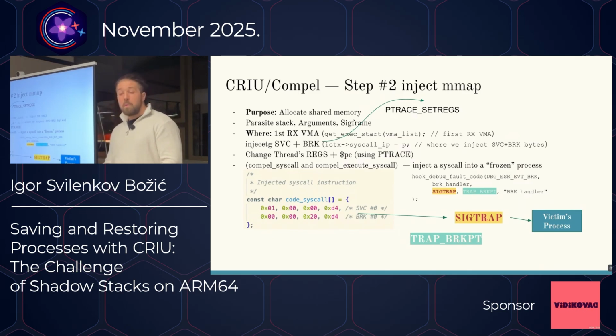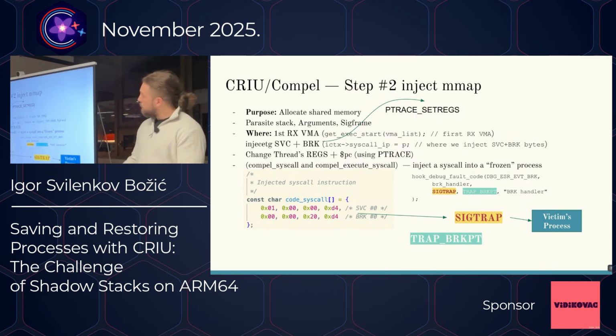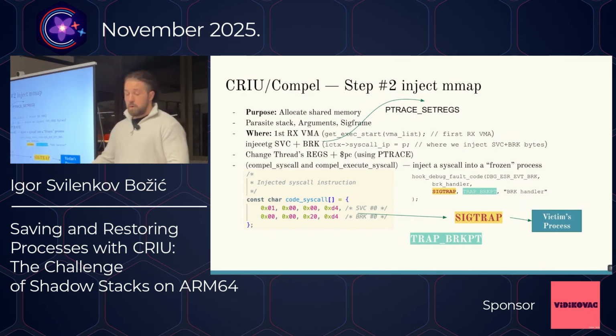And what CRIU does first is allocate some memory for a syscall. This requires only 8 bytes. So we're not yet in the parasite. We're allocating for the parasite.